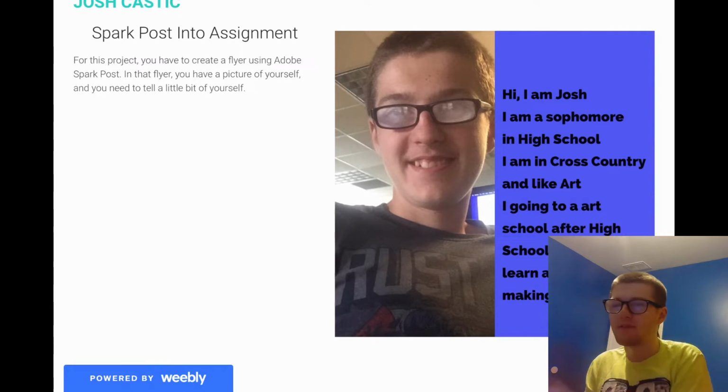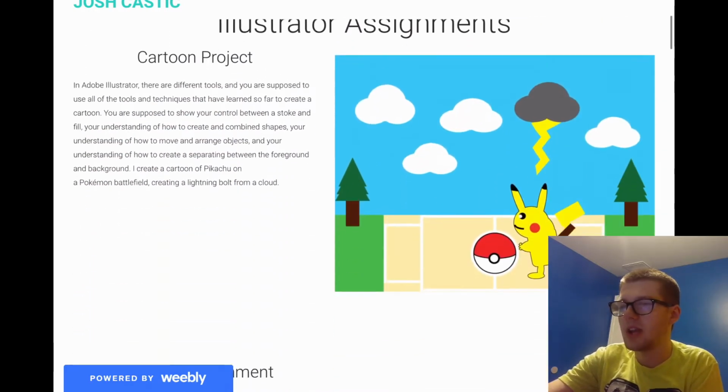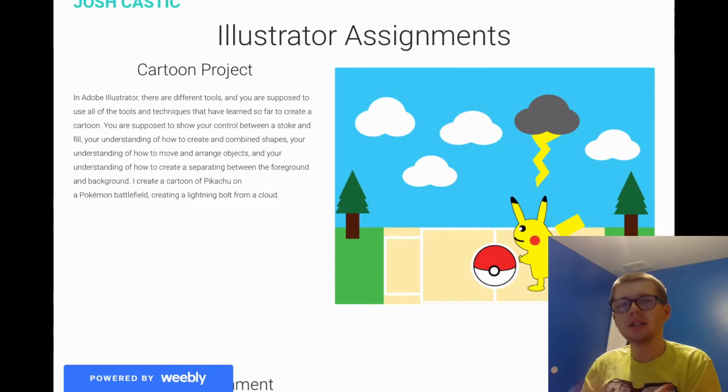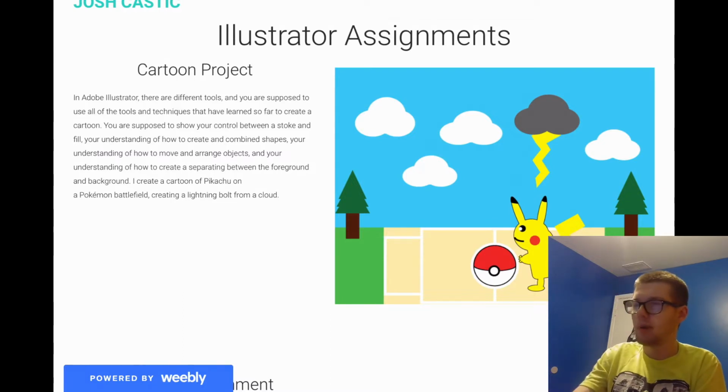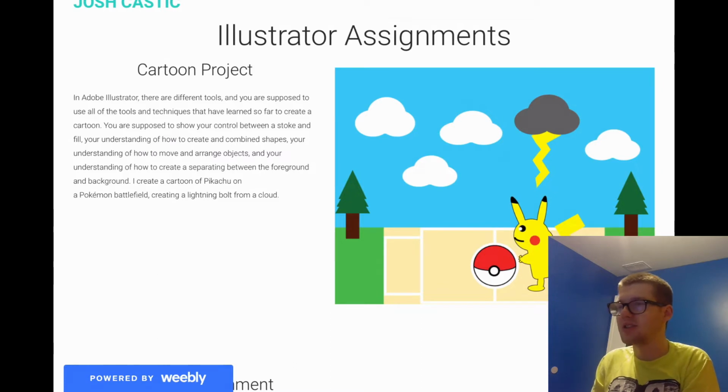Obviously, that was a very weird picture of me, but that's not really important. Then you get into Illustrator. You can sense that I'm not that skilled with Illustrator. You would get a sense I'm really good with Photoshop, especially over time, because obviously the first one is this Pikachu thing. The Pikachu looks horrible.